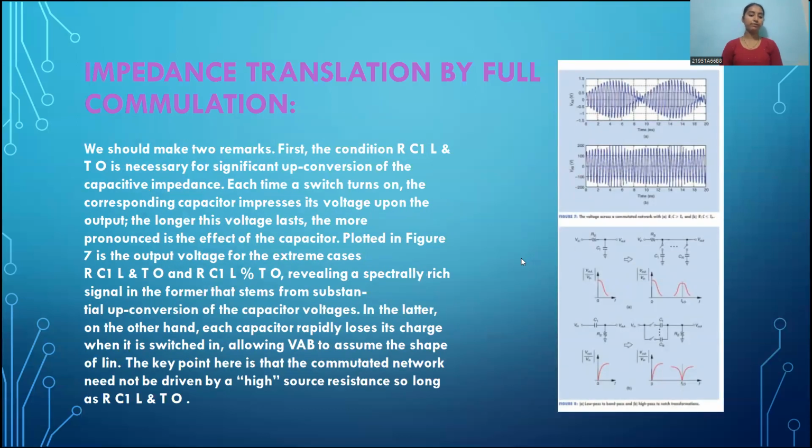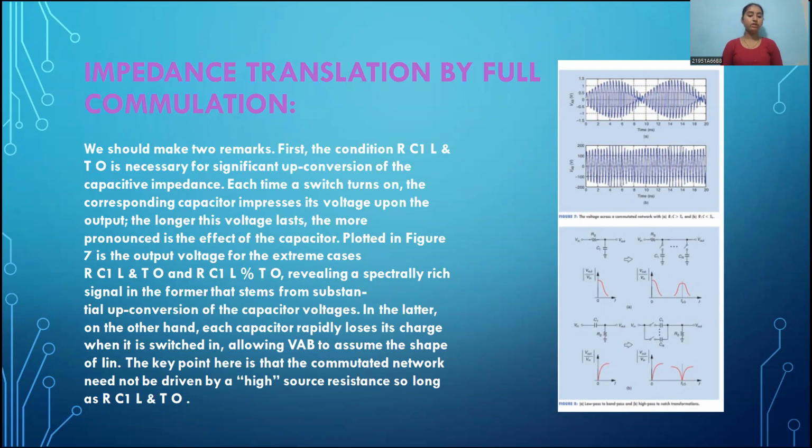Impedance translation by full commutation. We should make two remarks. First, the condition R C1 much greater than TLO is necessary for significant upconversion of the capacitive impedance. Each time a switch turns on, the corresponding capacitor imposes its voltage upon the output. The longer this voltage lasts, the more pronounced is the effect of the capacitor.